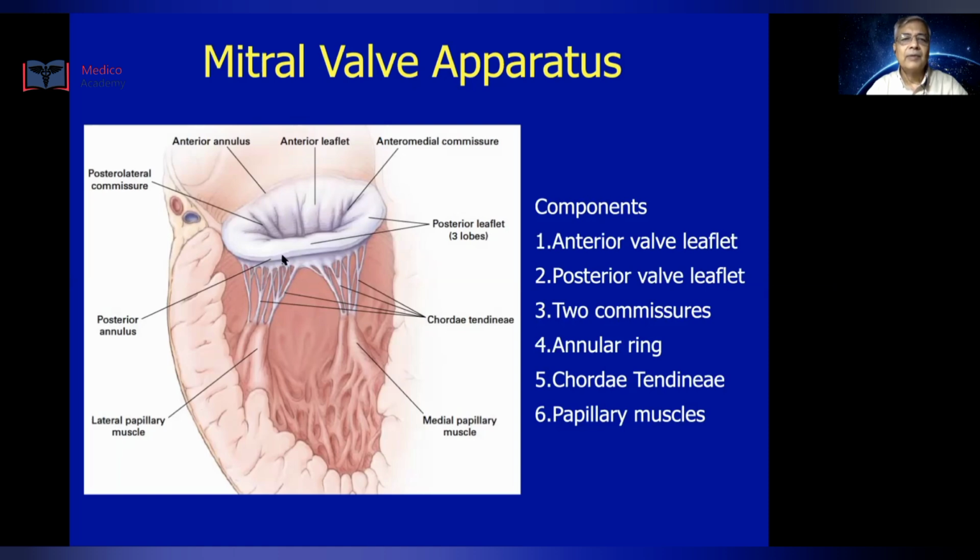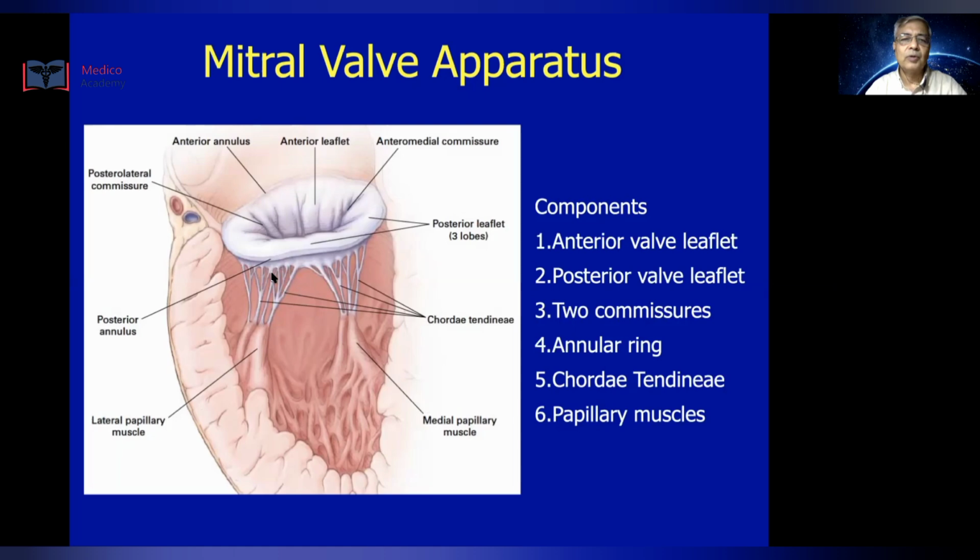The cusp of the mitral valve is further held by chordae tendineae, which attach the free edge of the mitral valve to the medial or lateral papillary muscles. So basically the muscles control the opening and closing of the mitral valve.